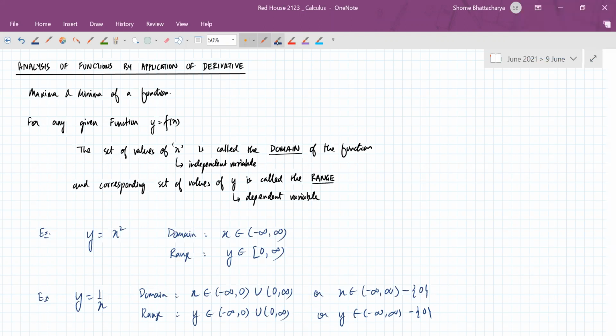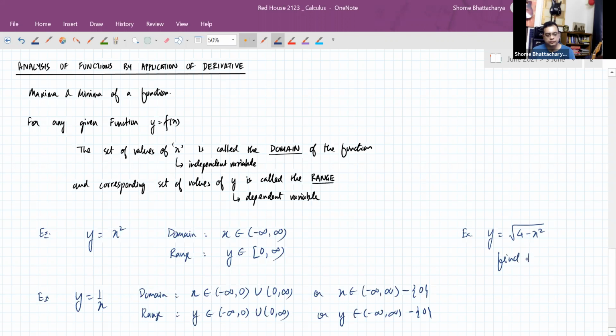Are we audible to you? Yes, you can also try out this example.